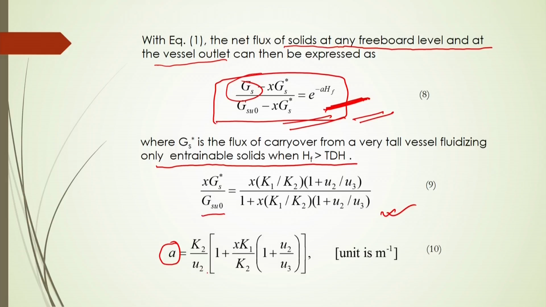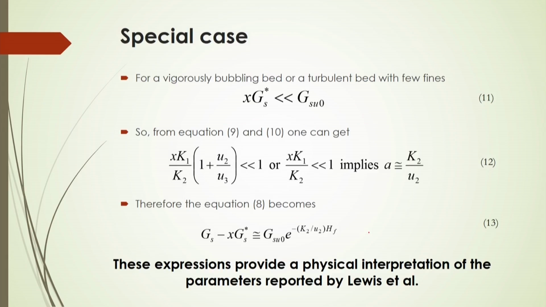In this case this decay constant will be represented in terms of the transfer coefficients by equation 10. And for special cases, for a vigorously bubbling bed or a turbulent bed with few fines, you can say that x G A star will be very much less than the initial mass flux of the solids coming upward.